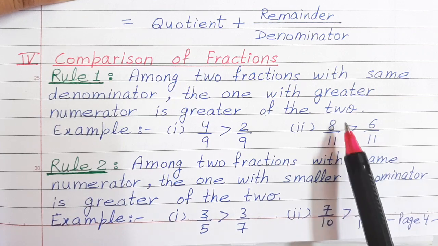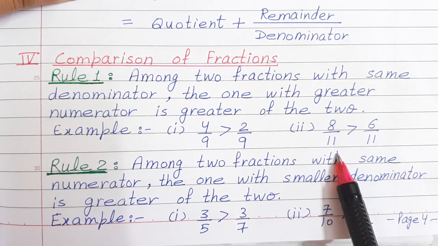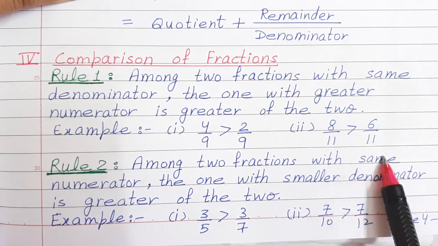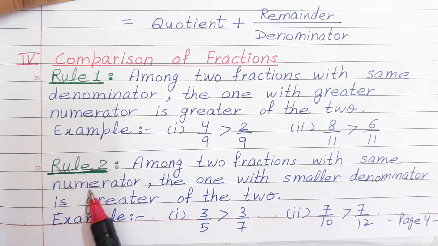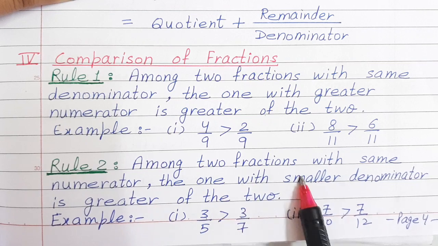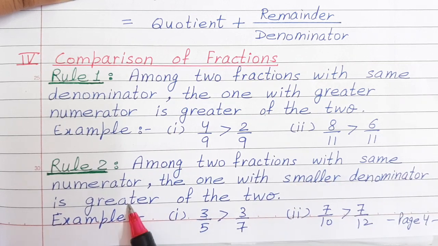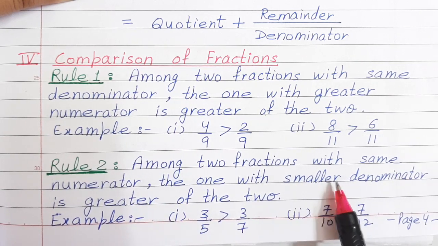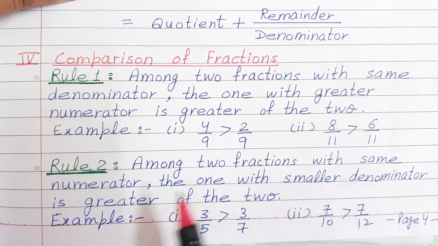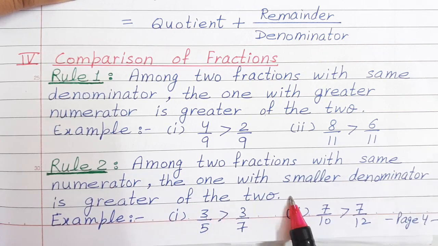Similarly, 8 upon 11 is greater than 6 upon 11. Right? And rule 2 is, among the two fractions with the same numerator, the one with smaller denominator is greater of the two.